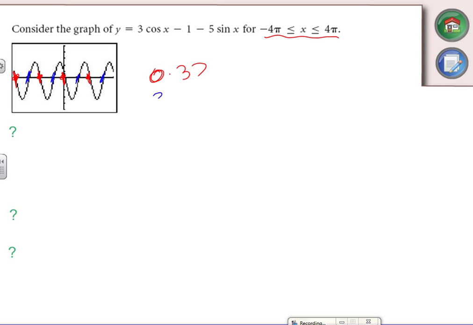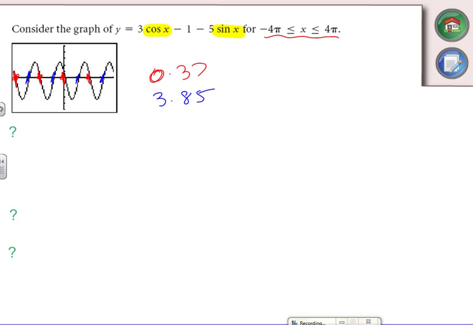What that leads into is called the general solution. When are all the red solutions going to happen? When are all the blue solutions going to happen? It all has to do with what's the period of the trig functions. Cos has a period of 2 pi. Sine has a period of 2 pi.